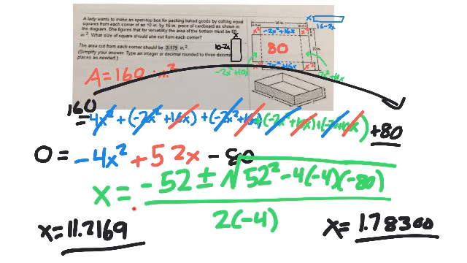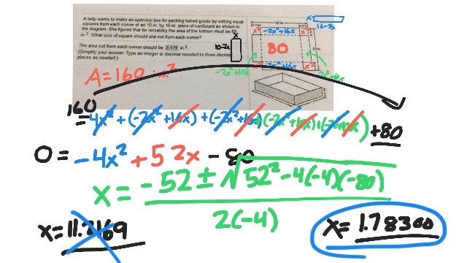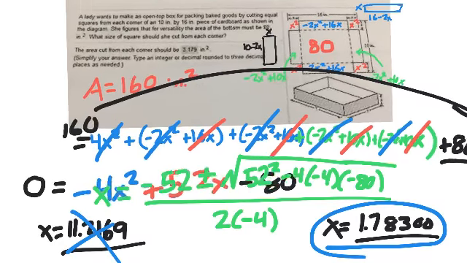Okay, well, it can't be this one because the side here was only 10 inches to start with. So she can't cut off 11 inches from both sides because we wouldn't have any piece left here. So this number doesn't make any sense. So that means this must be my x value, 1.783. If you square it, it's 3.175.